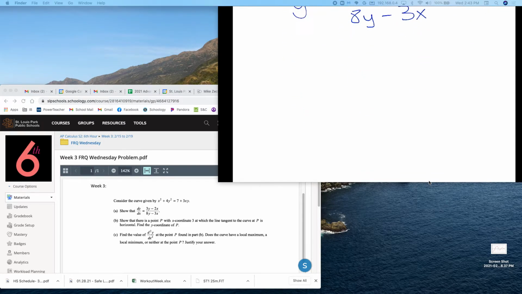So let's look at part B. Part B says, show that there is a point P with the x coordinate equal to 3, where the line tangent to the curve is horizontal.